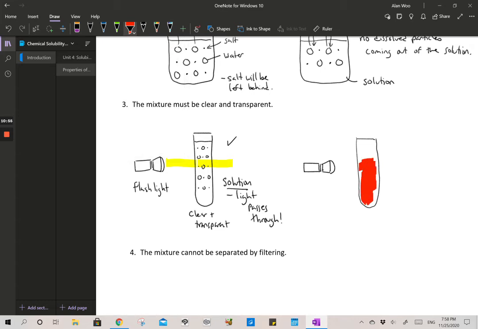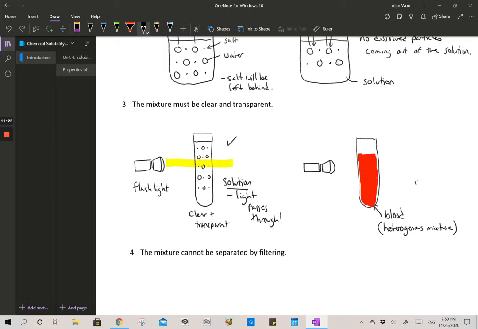Blood is opaque. You can't really see through it. It's not clear, it's not transparent. So this will be blood. And we know that this is a heterogeneous mixture, which we basically call opaque.